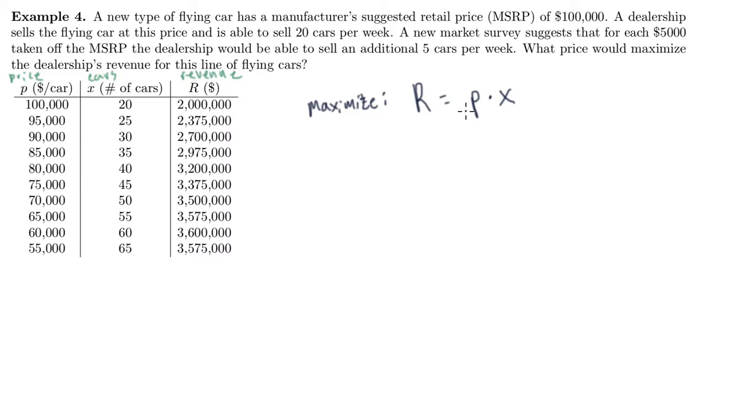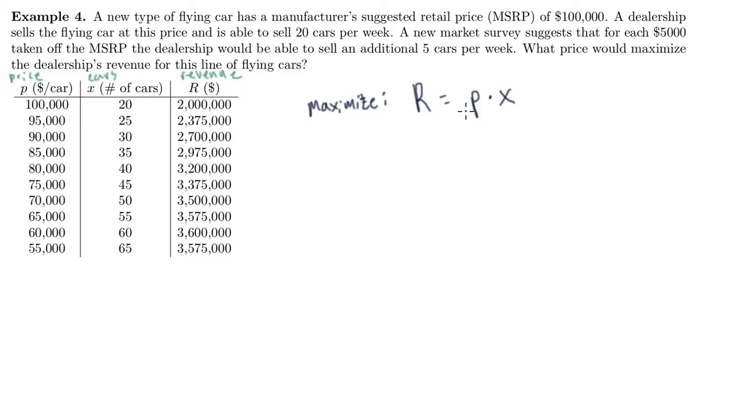If you just gave the cars away, you would give away a lot of cars, but you would not make a lot of revenue. So you're seeing the general situation where optimization techniques apply, where you have two extremes that are bad. So what is the best thing going on in the middle?